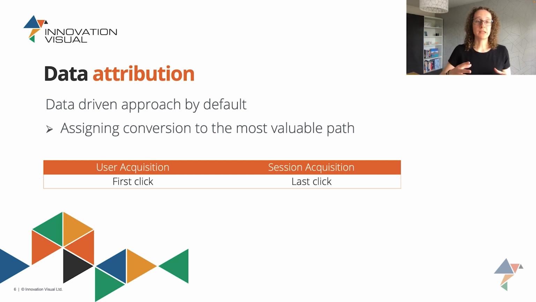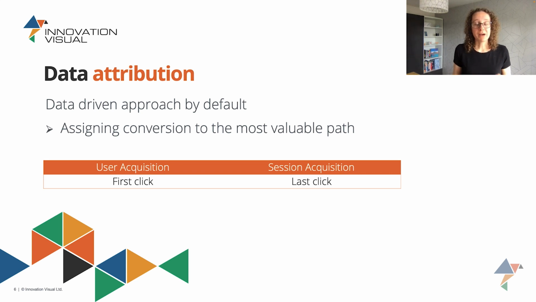This is probably going to create a lot of discrepancies in terms of how many conversions you're counting with different platforms, etc. But it's very important to understand. Data-driven is a great approach because it gives you a much better understanding of touch points and which channels are performing. So it's not a bad thing, but you just need to be aware it's different.